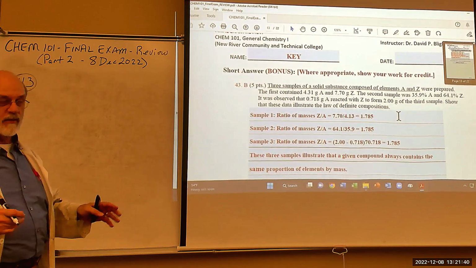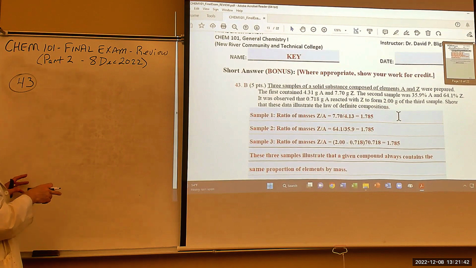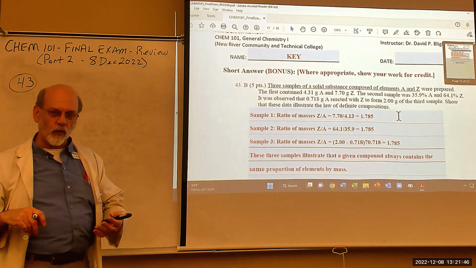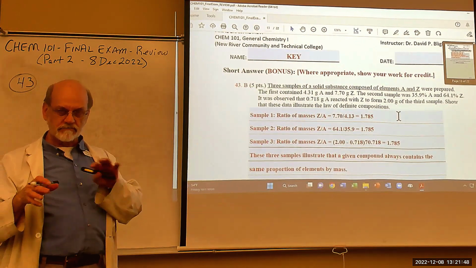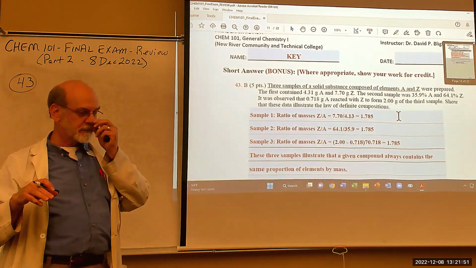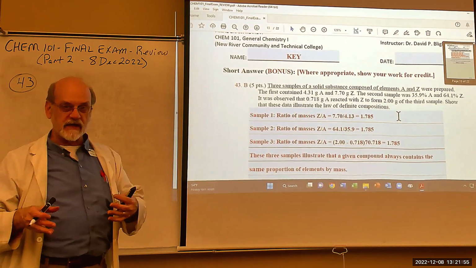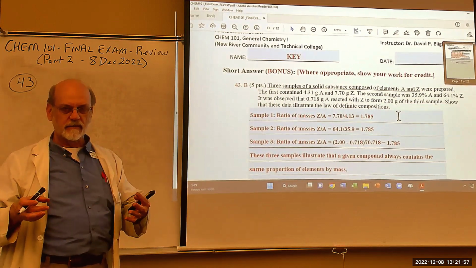Remember definite proportions. Definite proportions simply means that when a compound forms from 2 elements, it doesn't matter what the source is, where it comes from.